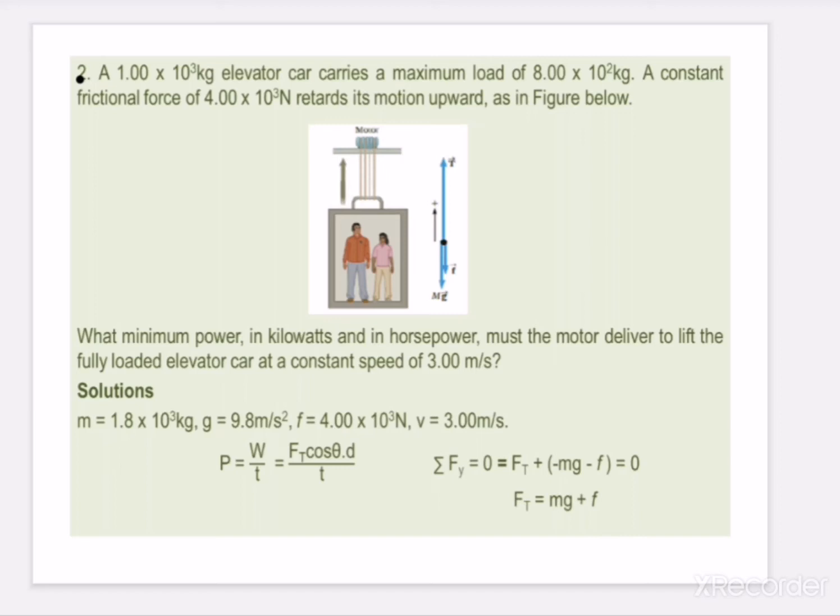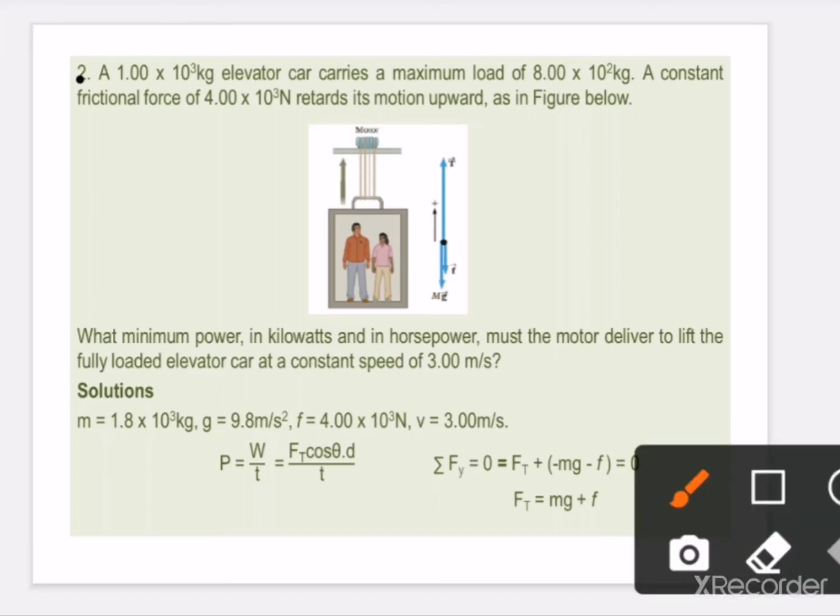When you look here, that's been summarized, so you can see mg is acting downwards and the friction force is also acting downwards, but then we have a force acting upwards, which is this one here.